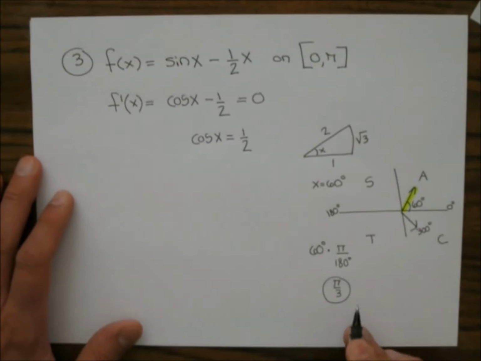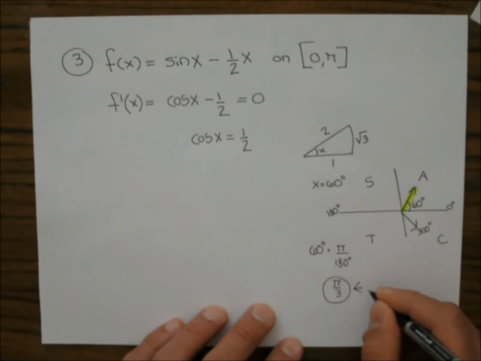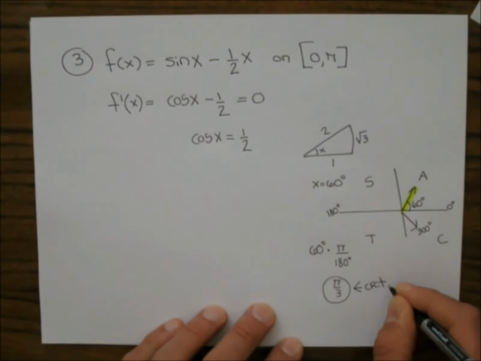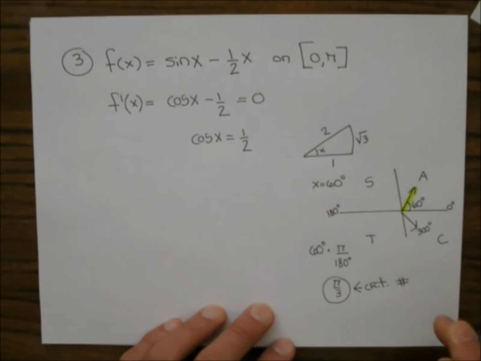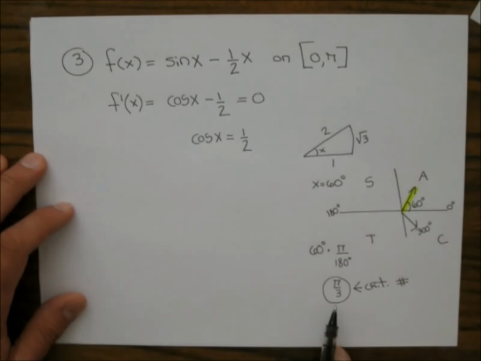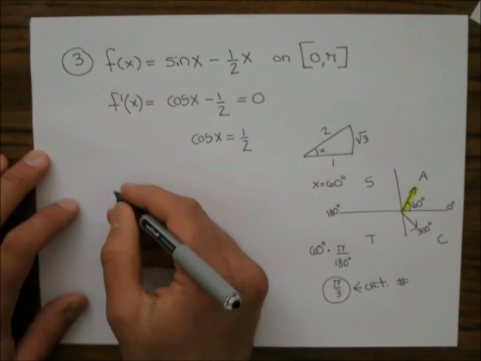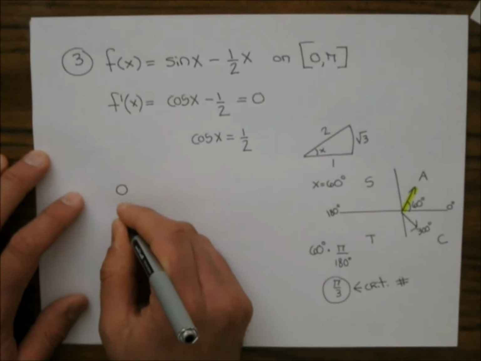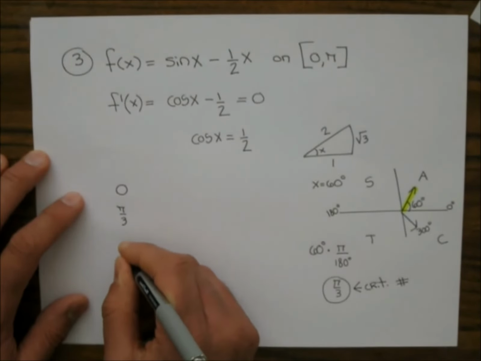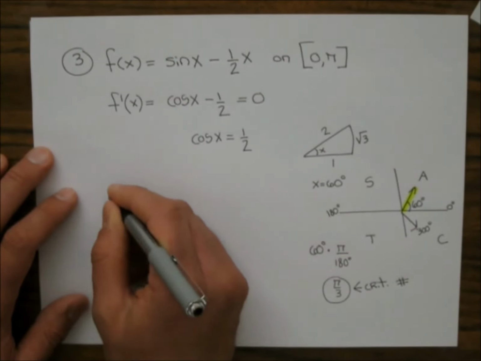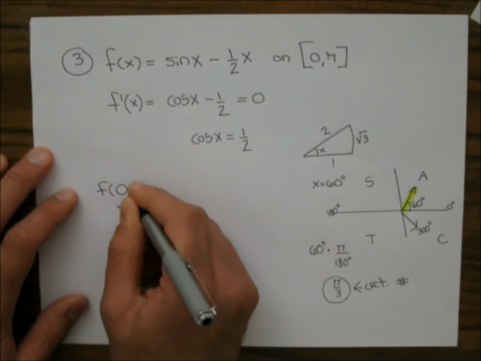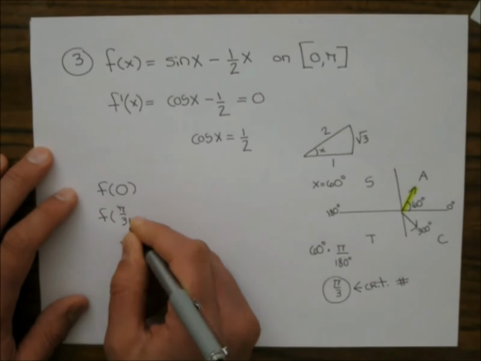So pi thirds is a critical number. Pi thirds does fall in there, and I'm going to make my list here: 0, pi thirds, and pi. And I'm going to stick each of those into the function.